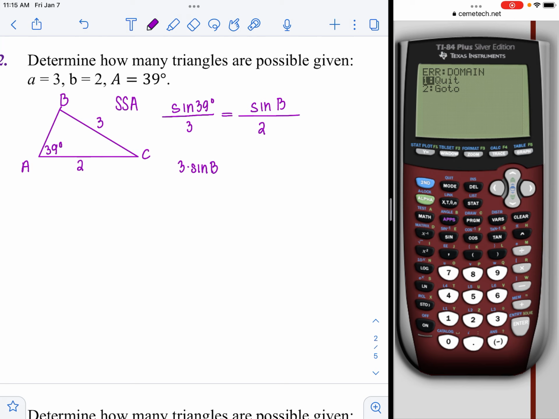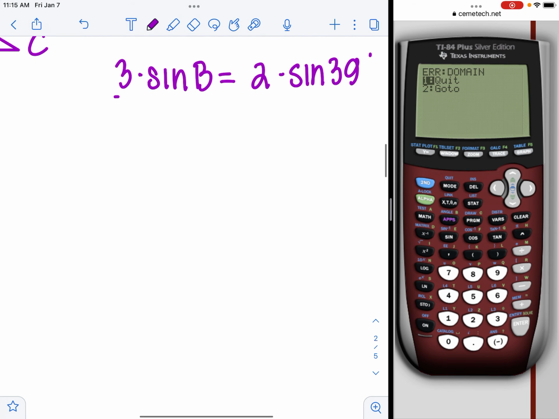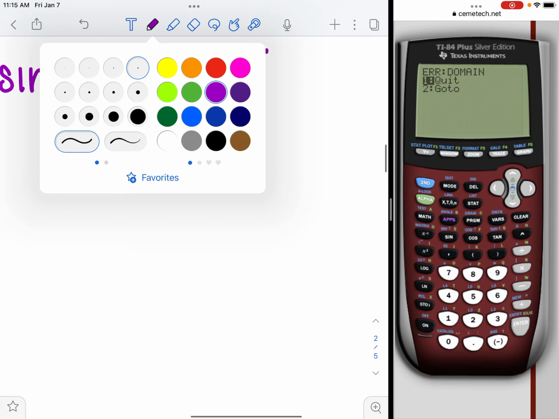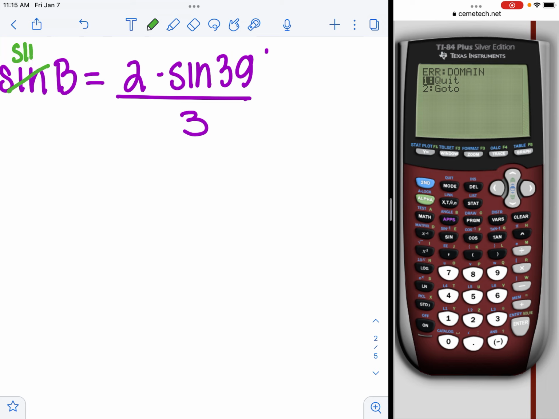So I have 3 times the sine of B is equal to 2 times the sine of 39. I'm going to divide both sides by 3. That's gone. And now I'm going to sine inverse both sides. So sine inverse this side, this will cancel.